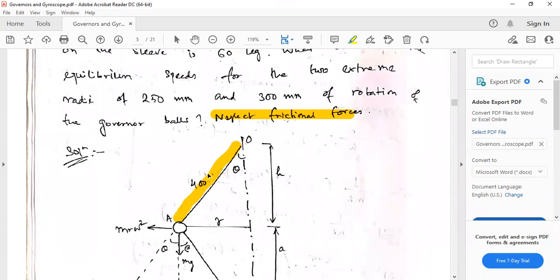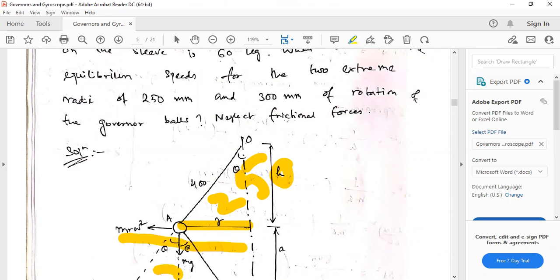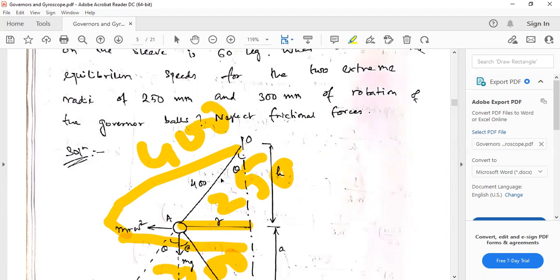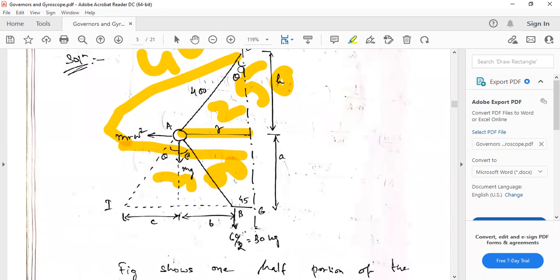You see, actually there are two cases. First, when r is the minimum, that is 250. This is the minimum value. And when r becomes 300, the sleeve will be at the same 400 only. So in both cases we will have two different angles theta. When r is 250 we have some angle theta, and at r equal to 300 we have some bigger angle theta.